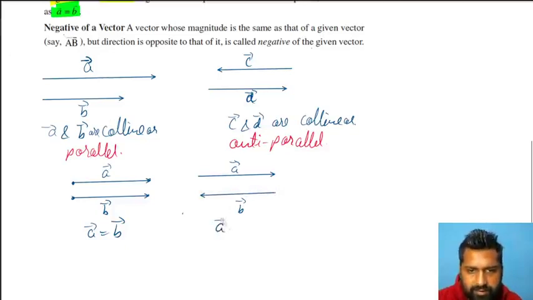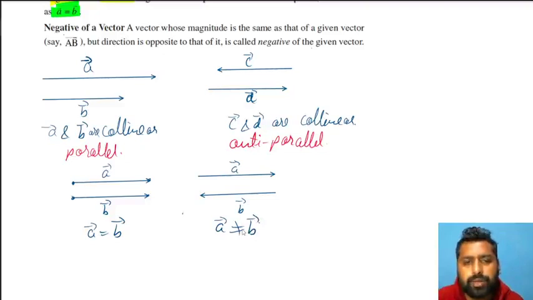The directions are opposite, and this time A vector is not equal to B vector. Length or magnitude alone is not the criterion for vectors to be equal.